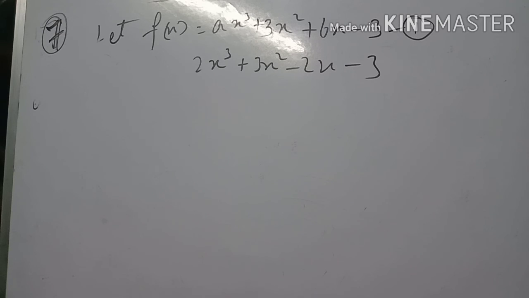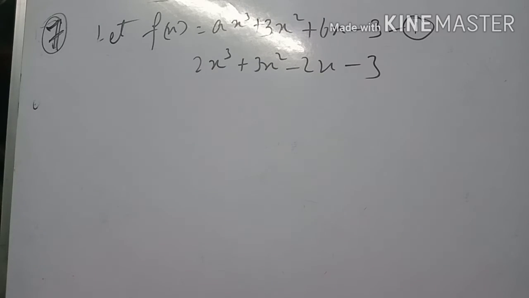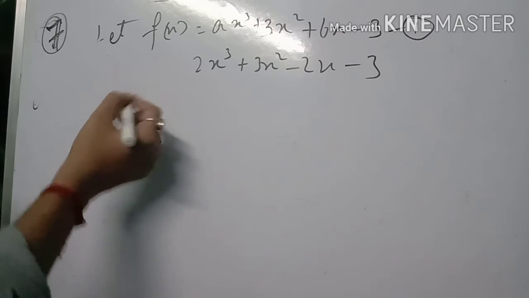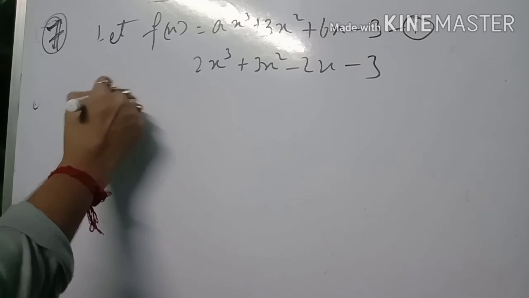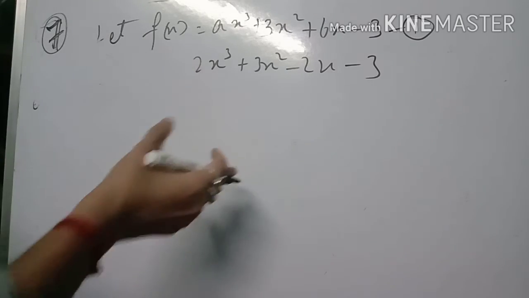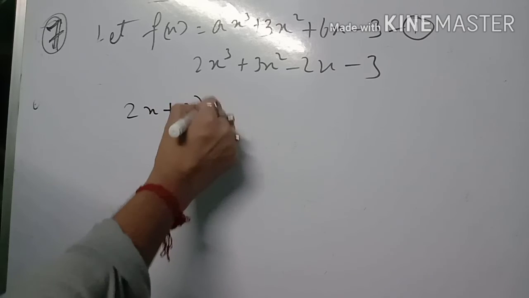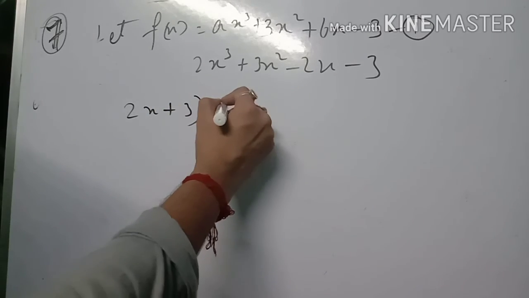For this, we're going to divide this expression with 2x plus 3 because that was a factor, so that in that case the remainder was 0. So we're going to divide that, and we are going to look for the quotient. Let us divide. I'm not writing down the statement again, I'm going for a simple division. So let me write 2x plus 3, but you guys need to write the statement here.